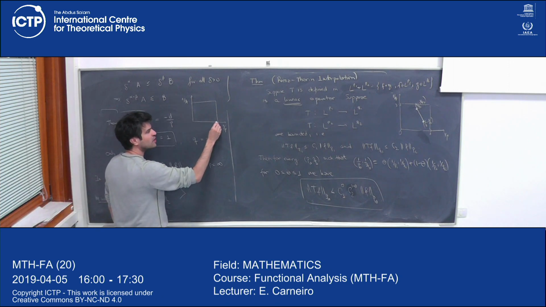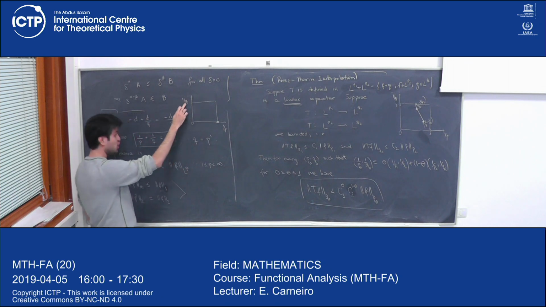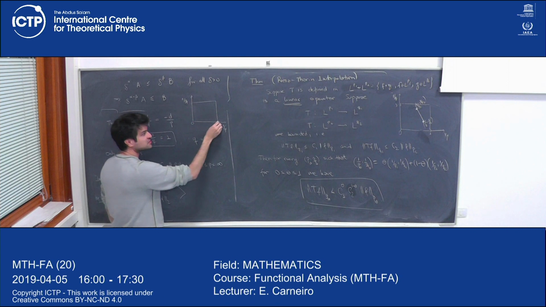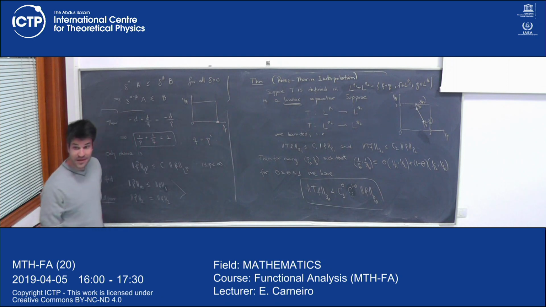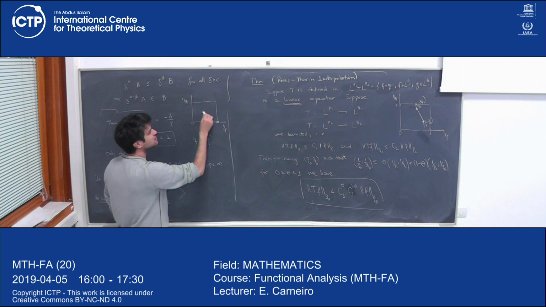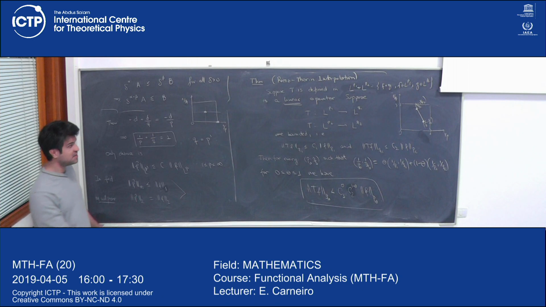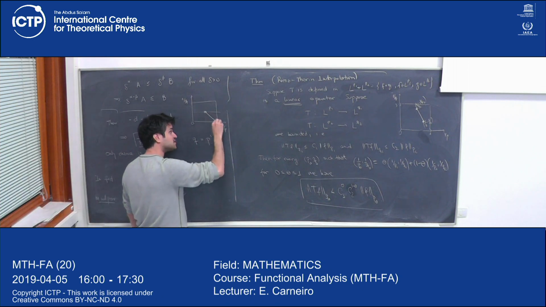So 1 over P would be 1, and 1 over Q would be 0. And the other point is the point (1/2, 1/2), right here in the middle of the square. So this operator is bounded on the line that connects these points.